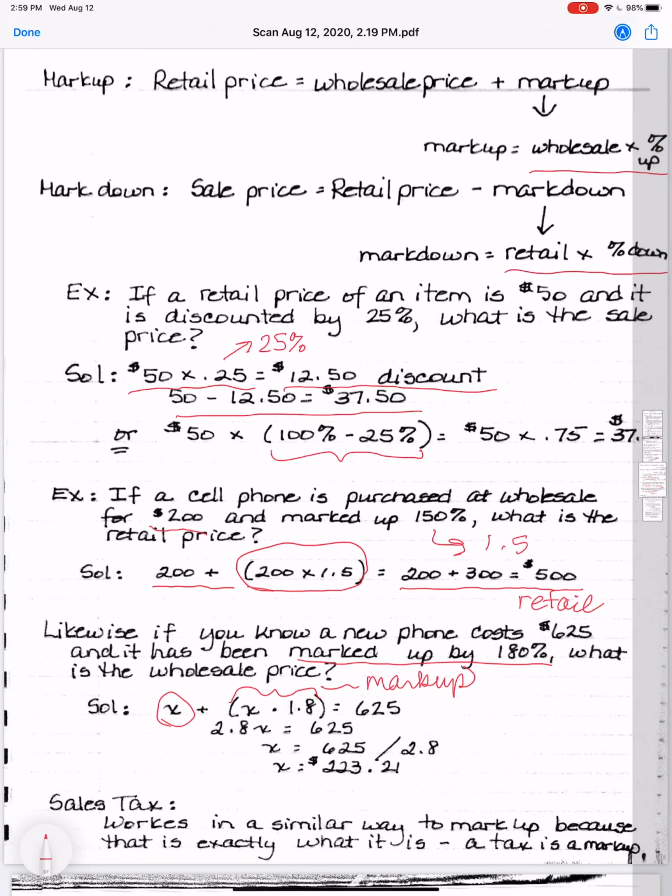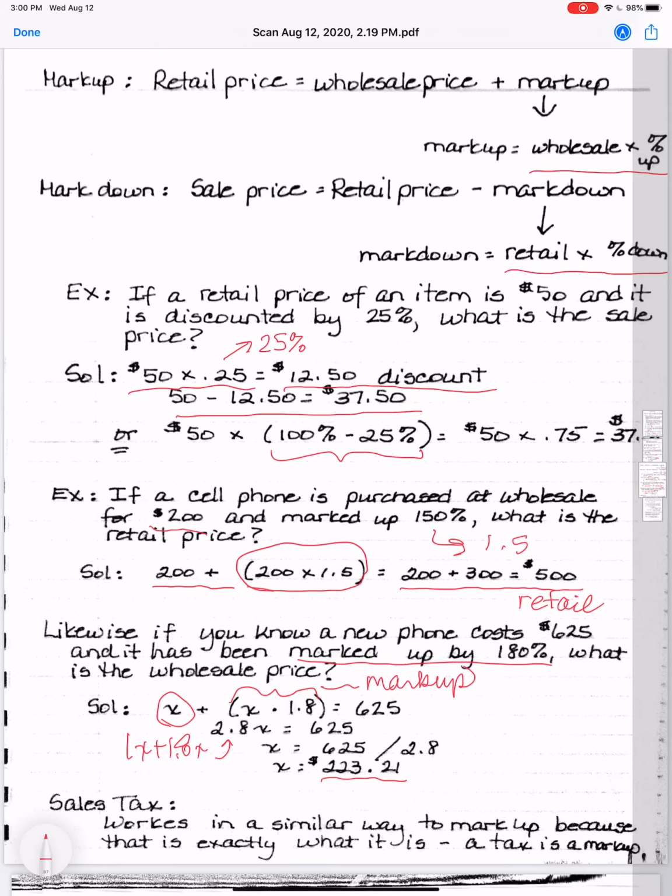That is x, or 1x, plus 1.8x. That's going to give us 2.8x is $625. x is 625 divided by 2.8, dividing both sides of our equation by 2.8. We're going to be left with x equals $223.21.